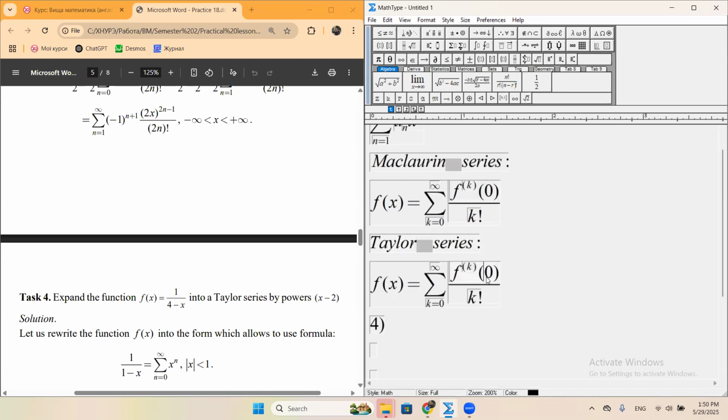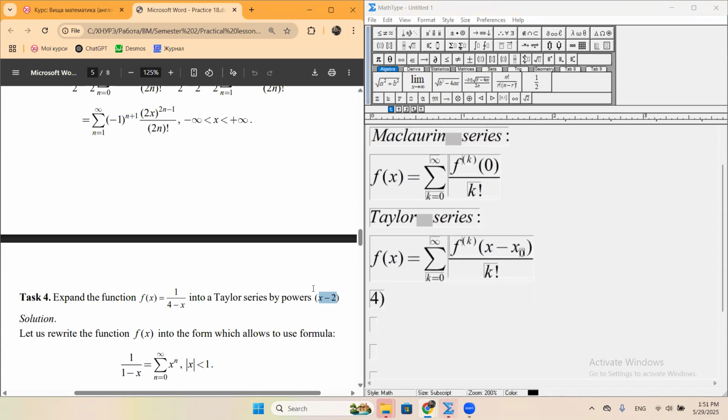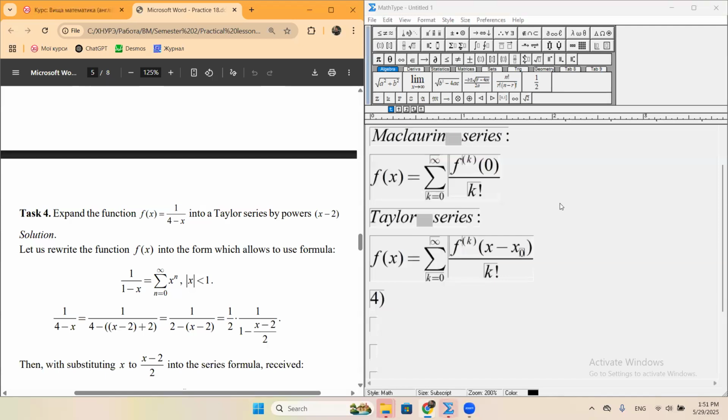So x minus x0. So here I use x0. And by powers of x minus 2, so here we will have x minus 2 power. And Maclaurin series is a series by powers of x minus 0.